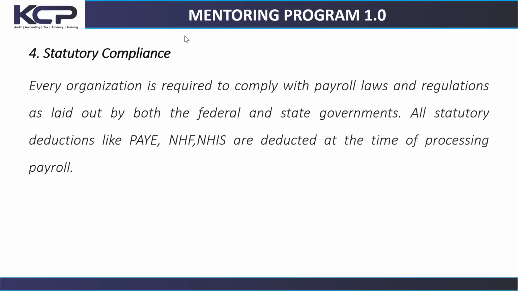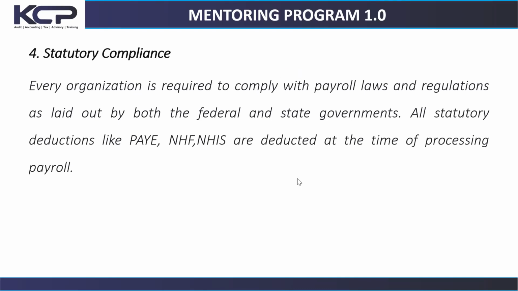But if the employer chooses to make the whole contributions, it means the employee cannot claim pension as a deductible or statutory relief. So take note of that. All right.